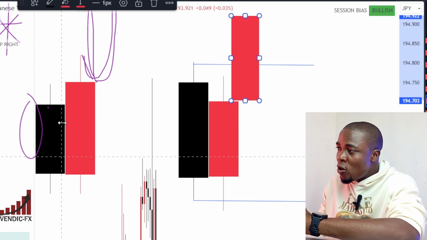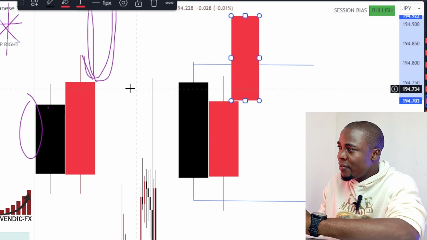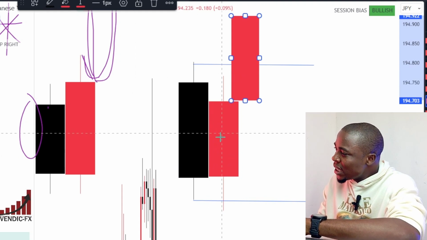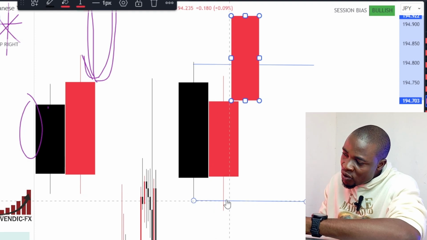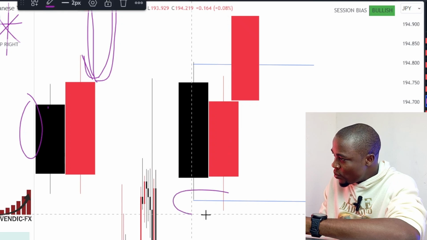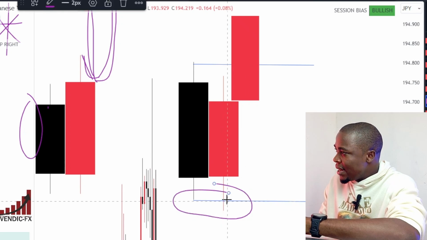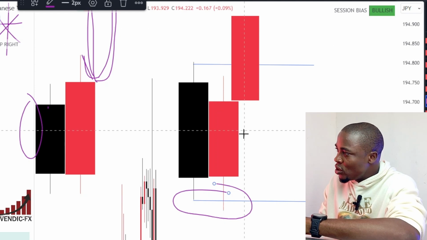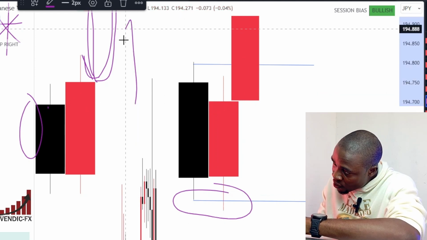If the candle engulfs the previous day candle, that gives us a declaration that we are going up. Another one is that if the bullish candle clears previous day liquidity, please take note of this, clears this liquidity here, and then closes bullish, it doesn't matter if it actually engulfs or not. And then you have LTA, don't forget.